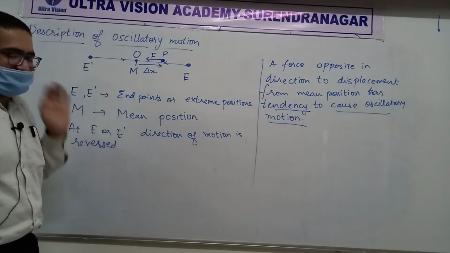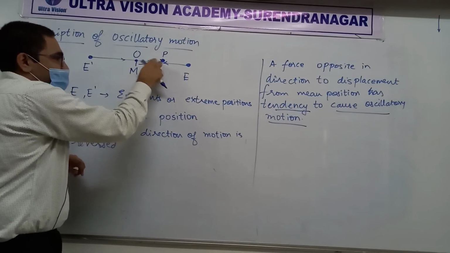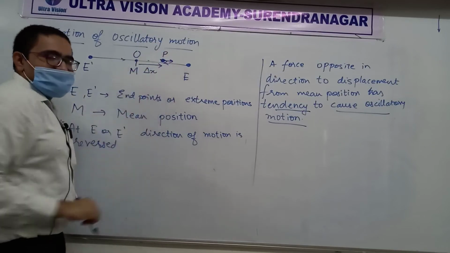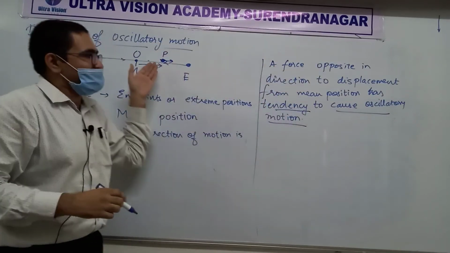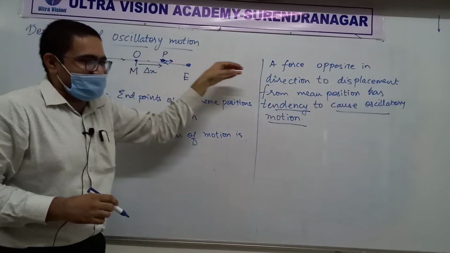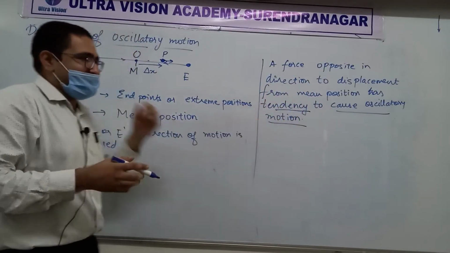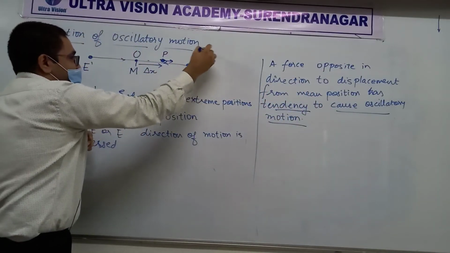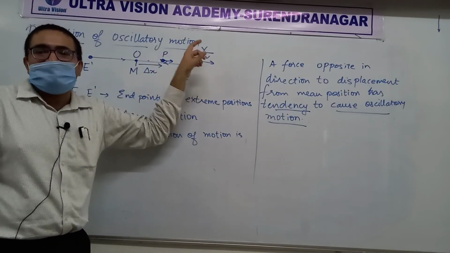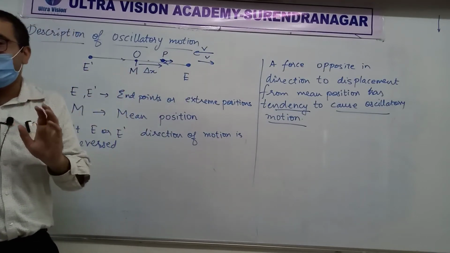In fact, this is required. If there is no such force, think about it. Suppose there is no such opposite force. Let's say it is moving in this direction. It will keep moving. Why will it come back? If it's over here and it's moving in the right hand direction, it will just keep moving. How will it come back? To come back, its velocity has to be reversed. The velocity's direction has to be reversed. And what can change velocity? Come on, basics.